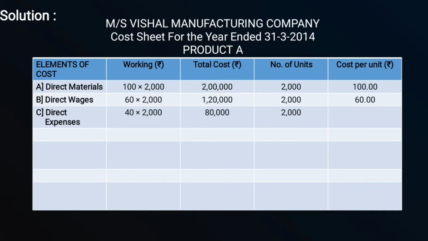Number of units will be 2000 and cost per unit will be ₹40 per unit. Part D, prime cost. So the prime cost amount will be ₹4 lakhs. Number of units will be 2000 and cost per unit will be ₹200 per unit.